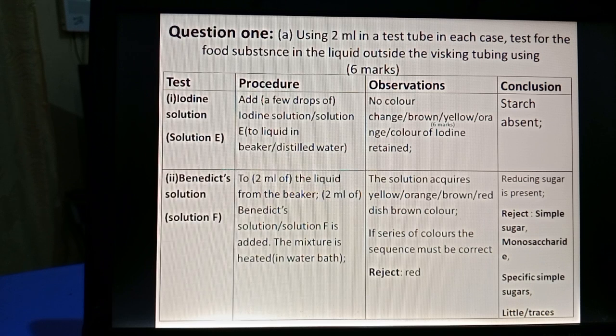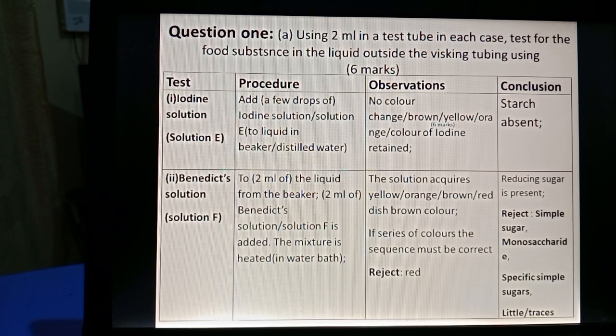You see starch absent. Benedict's test: to 2 ml of the liquid from the beaker add 2 ml of Benedict solution. Solution F is added. The mixture is heated in water bath. The solution acquires a yellow, orange, brown, red, or brown or reddish brown color. All right, reducing sugar is present.